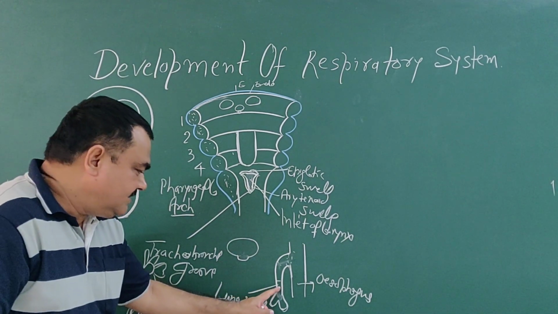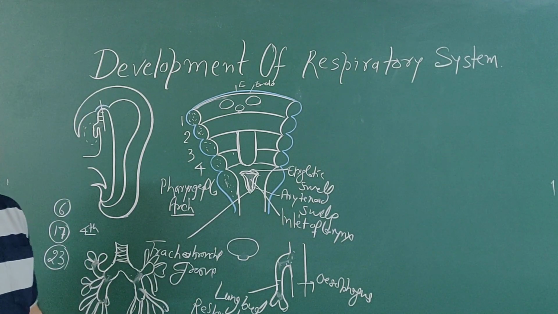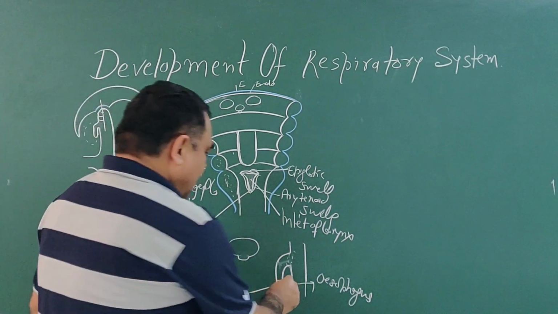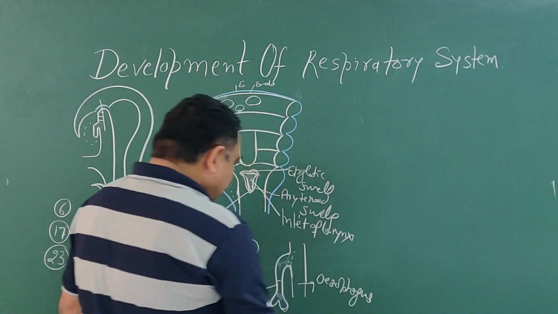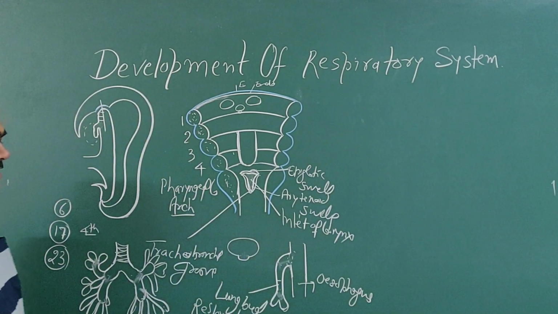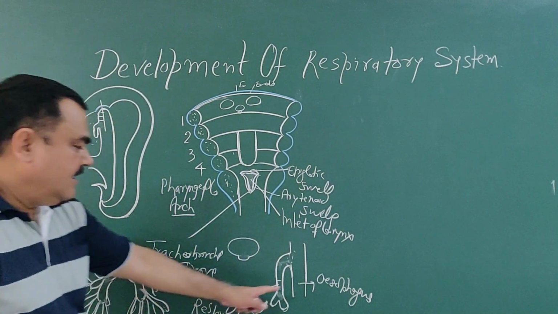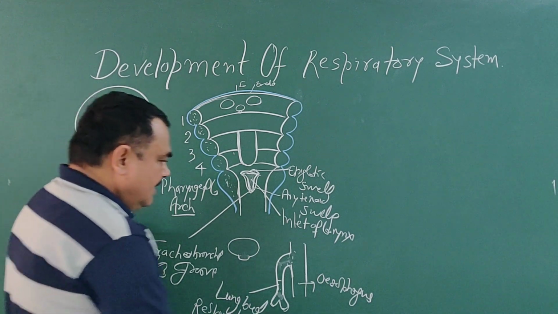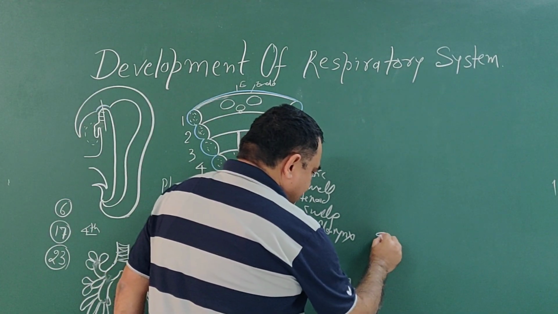Now here you can see this is the trachea and this is the esophagus. Here the trachea develops. There is some anomaly related to this trachea and esophagus.